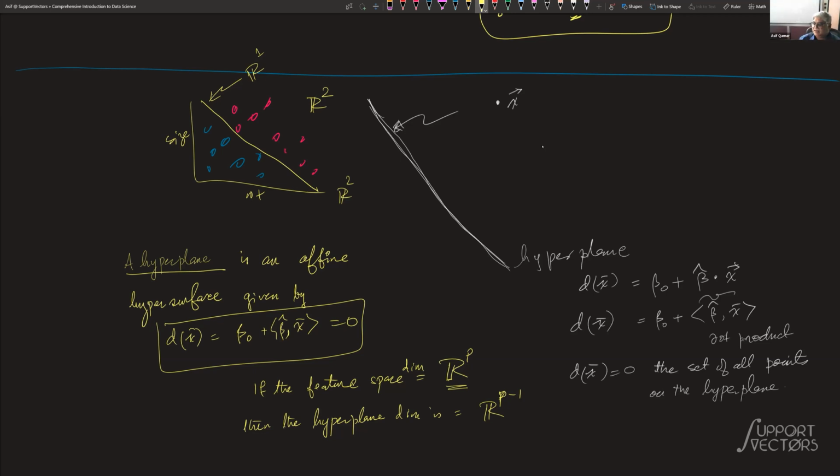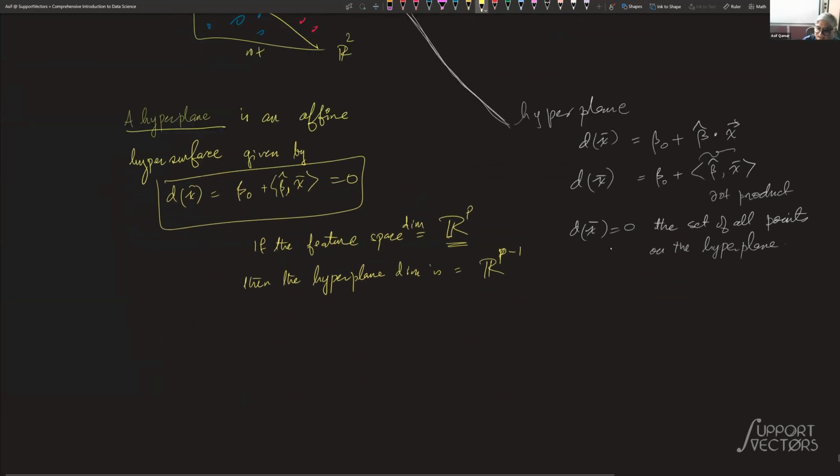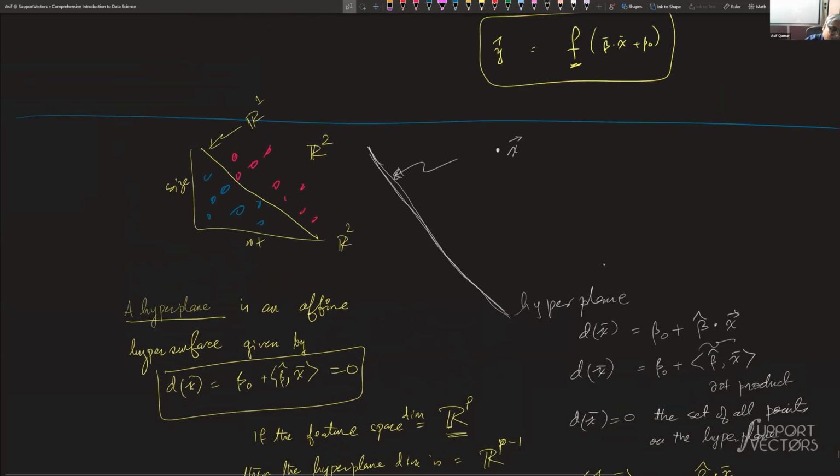So this is the only mathematics at this moment I want you to remember, and just be familiar with my bracket notation. Whenever I write this, I mean nothing but this dot product, by definition. Now, why do I put a hat over beta? It's a unit vector. These are unit vectors. And in which direction is this unit vector going? This unit vector is in a direction orthogonal to the plane or the line or the hyperplane, right?